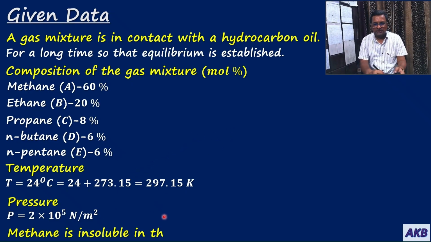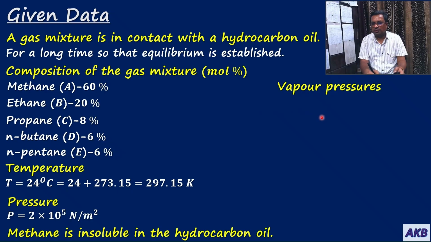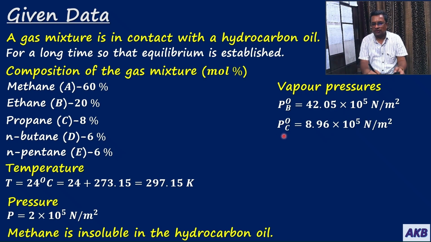It is said that methane is insoluble in the hydrocarbon oil, and we have vapor pressures of the remaining components. For ethane, PB naught is 42.05 into 10 to the power 5 Newton per meter square. For propane, PC naught is 8.96 into 10 to the power 5 Newton per meter square.